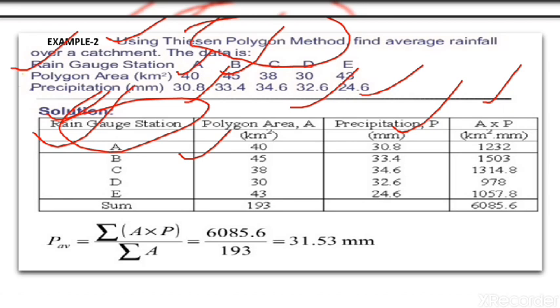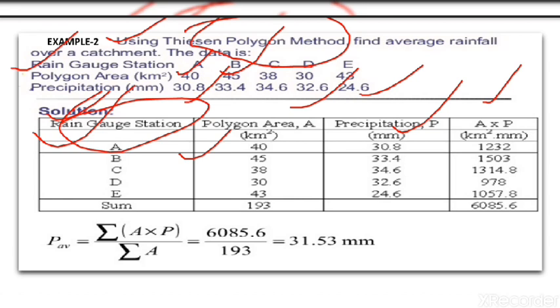Then we draw the perpendicular bisectors to form polygons, and the corresponding polygon area is the influence area of the corresponding rain gauge station. But in this question, the polygon area is also given, that means each station and its polygon area are given, so we do not have to find the polygon area.